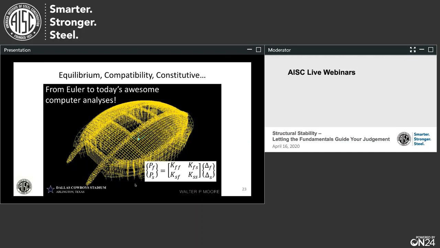But if you were to open up the SAP2000 software, the first thing you would find in there is a whole bunch of computer code. And then you dig a little bit deeper and you'd find a whole ton of linear algebra. But keep digging, and what you are going to find are equilibrium equations and compatibility equations, and then you're going to find constitutive relationships that allow you to move between the two. So they're in there, and in fact, they're the basis for all of our analysis methods.